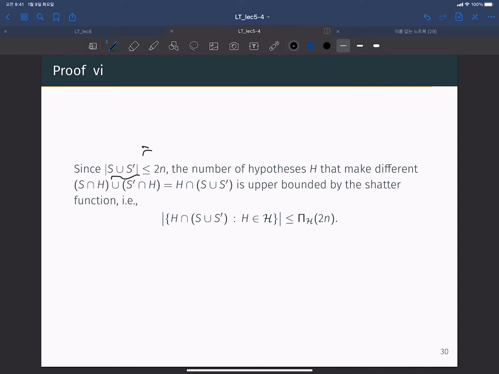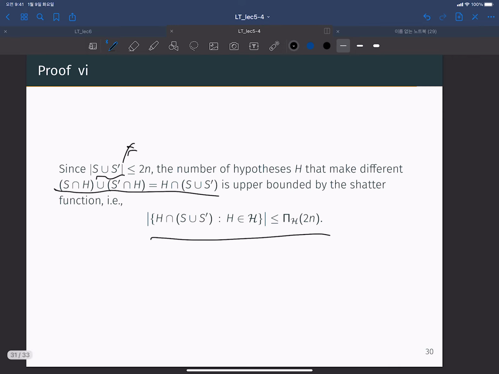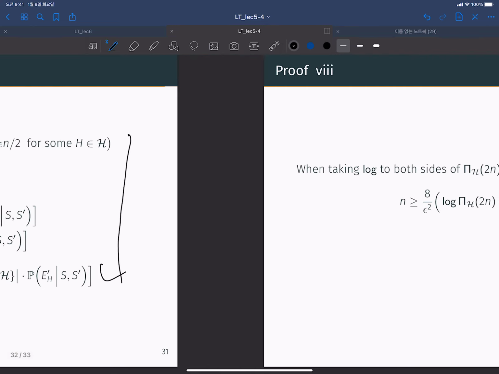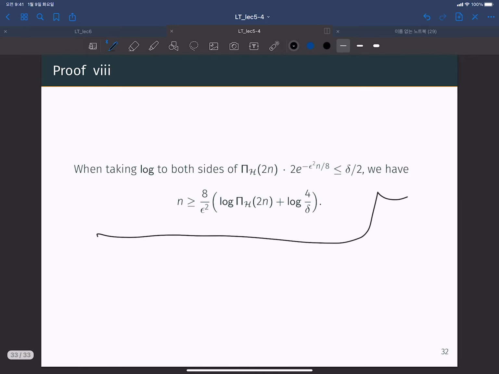Why is this not equal to 2n? Because there could be some overlapping data points, but that is not an important thing. So the number of hypotheses H that make a difference is upper bounded by the shatter function like this, and from the union bound, in the end we have this, and this makes our final result.